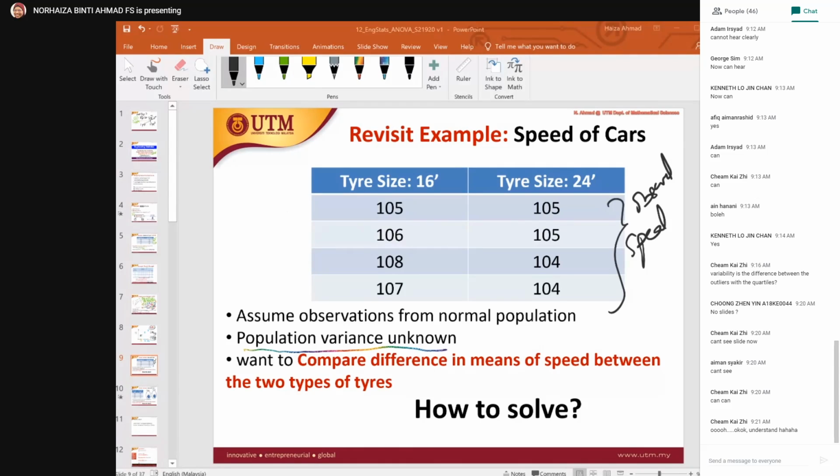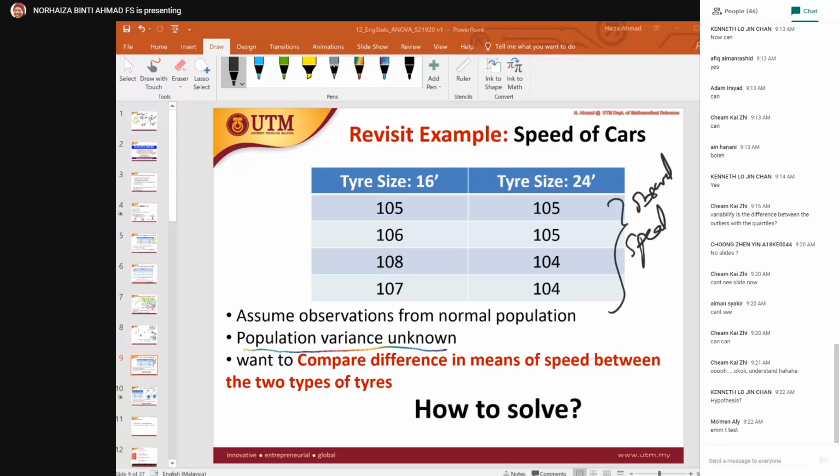Boleh dengar ke? Test, hypothesis test. What kind of hypothesis test? What parameter that you can use? T-test of the means. So it's going to be T-test of the means kan?